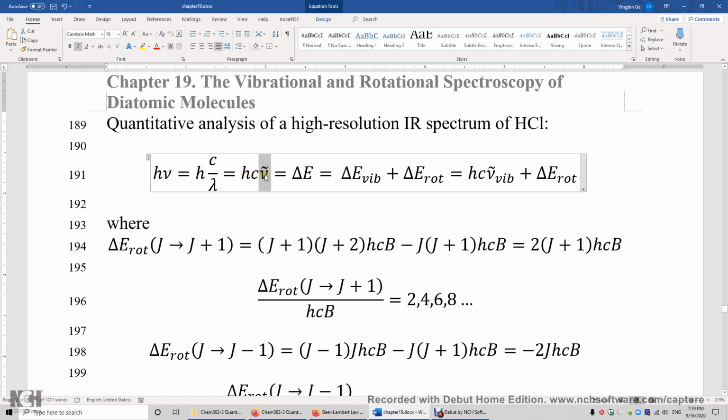So hc nu tilde is equal to the energy change of the HCl molecule. The change of the energy is the change of the vibrational energy and the change of the rotational energy at the same time. So we got these two parts. And this is the vibrational wave number. And this is the change of the rotational energy.